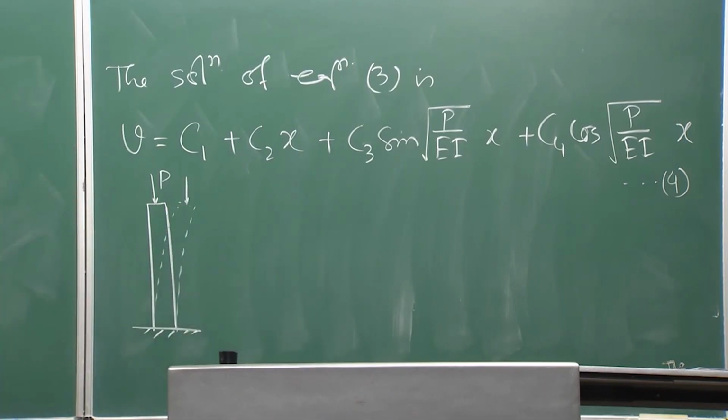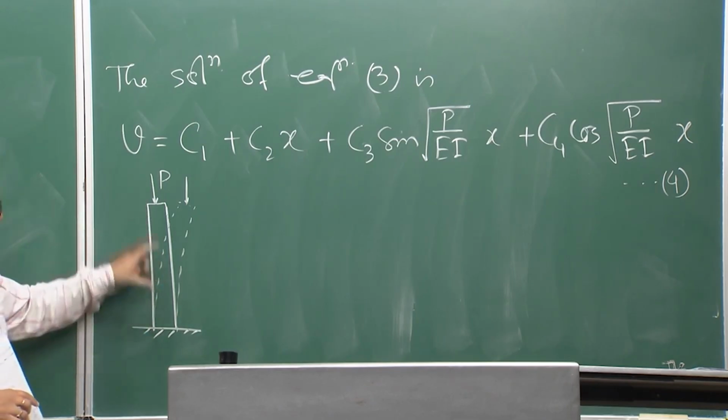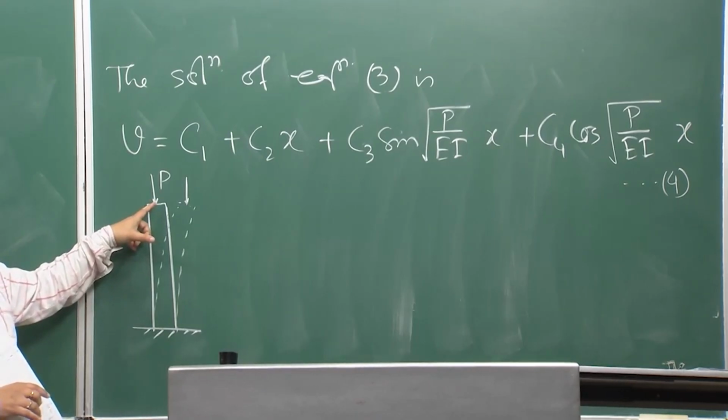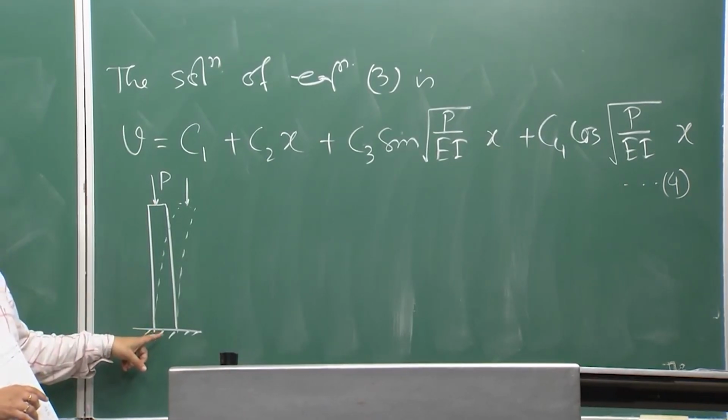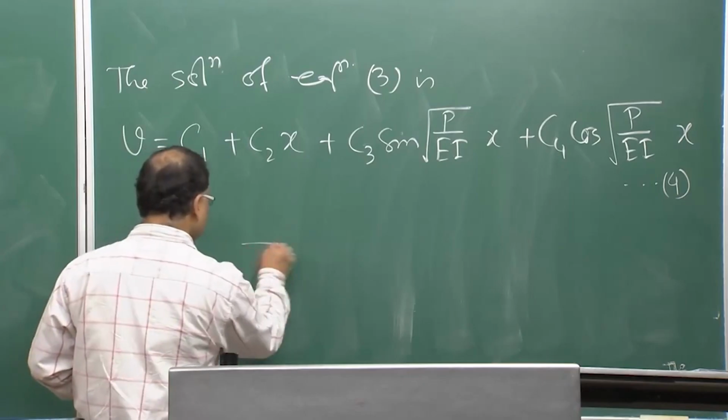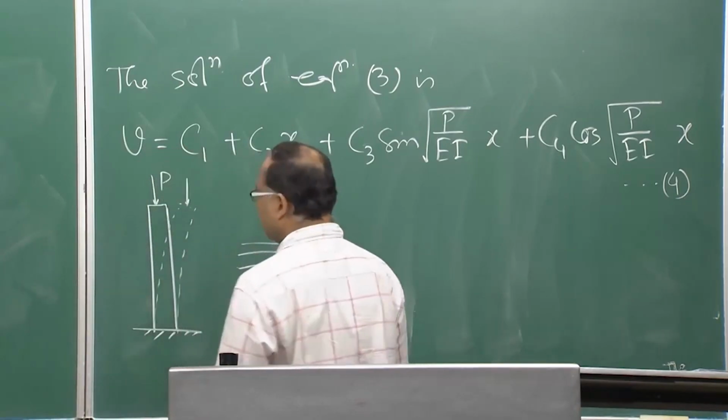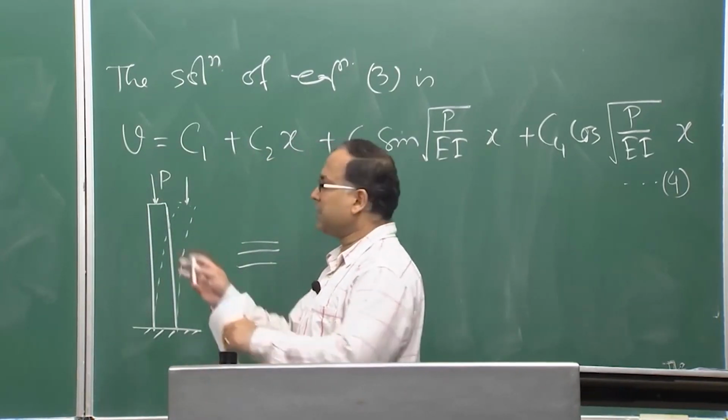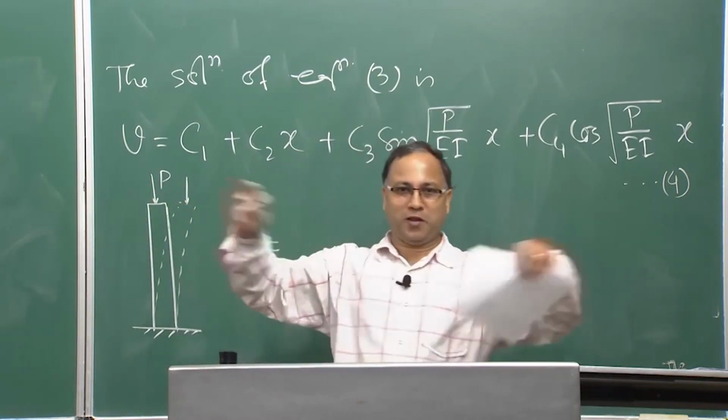So this kind of system we are considering. This is a column which is free at the top end and fixed at the bottom end. This is the same actually, as we are talking about the horizontal member.